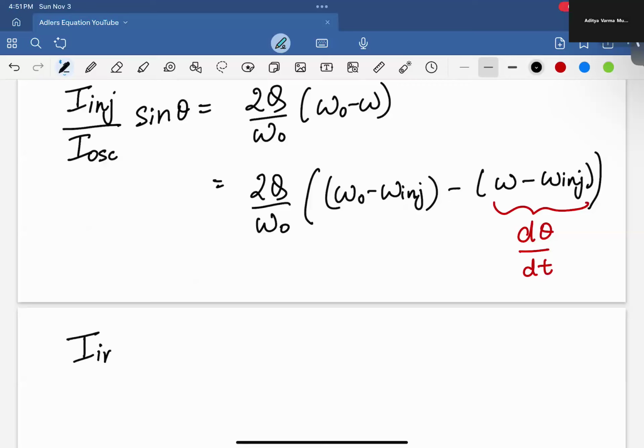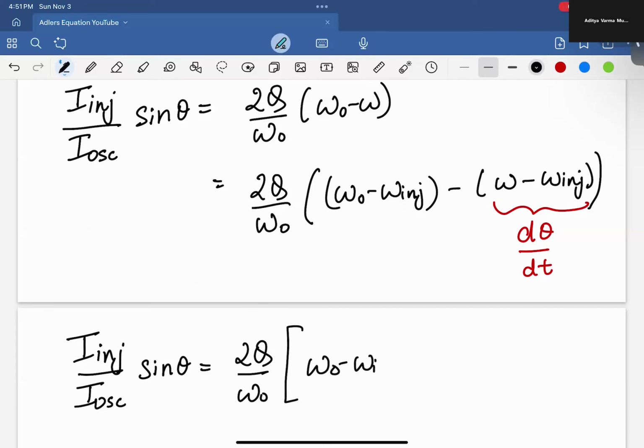So let me just write one more step. Omega injection over omega oscillation times sine theta is 2q over omega naught times omega naught minus omega injection minus d theta over dt. Right, so that's now a differential equation.